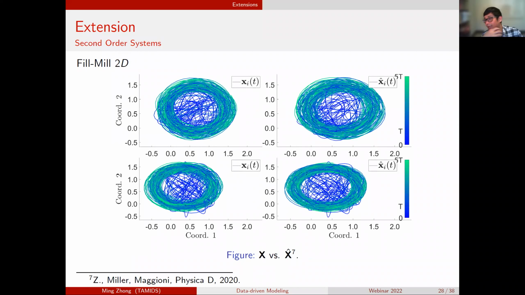Okay, so I want to point that out. And then you can also extend our learning approach to second order dynamics, basically by changing the S norm a little bit, and then you can fit the learning algorithm to various different things. So in this case, I'm going to show you a second order example of fish milling dynamics. I also want to show you that we have done a study on the long-term behavior of our estimators.